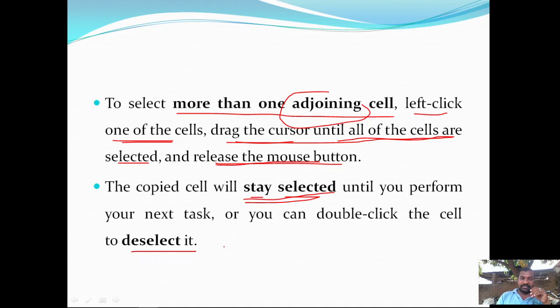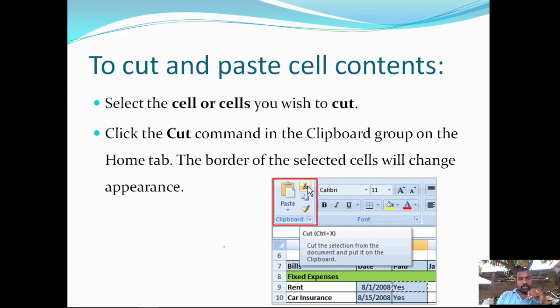So the selected cells stay selected until you perform any operation or double click on any of the cells. If you double click on any of the cells, you are going to deselect whatever cells you have selected. Okay, so this is about copying and pasting.